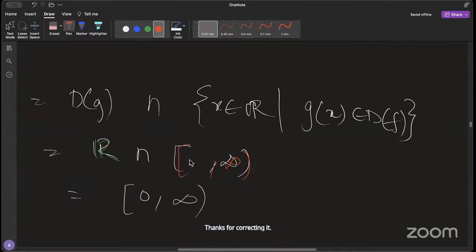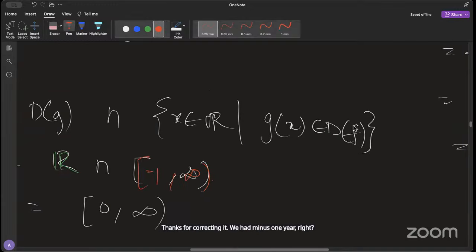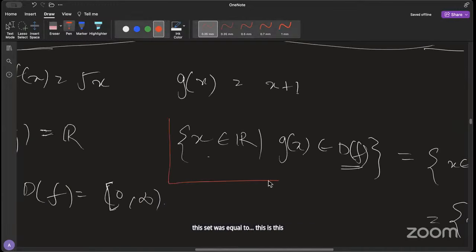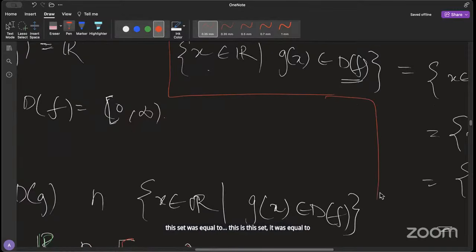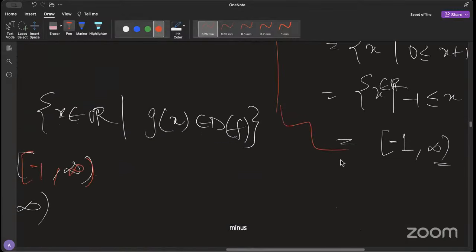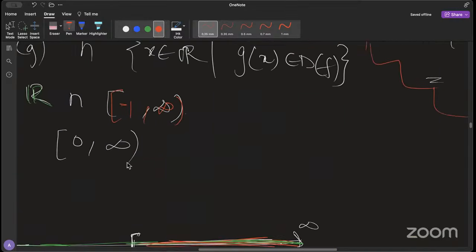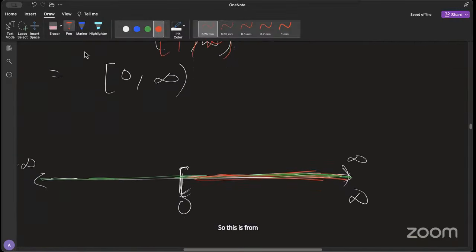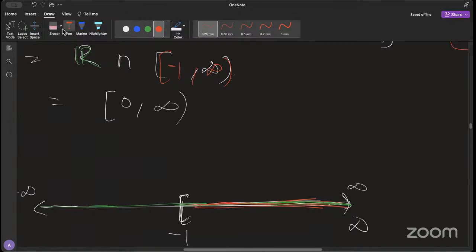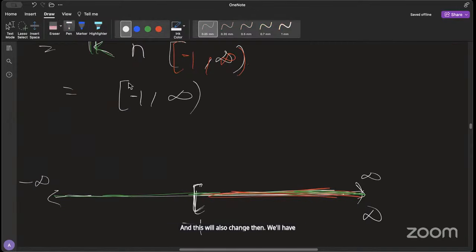We had -1 here, right? This set was equal to -1 to infinity. So this is from -1 to infinity. And here you will have -1 then. And this will also change then. You will have -1 to infinity. Is this okay?